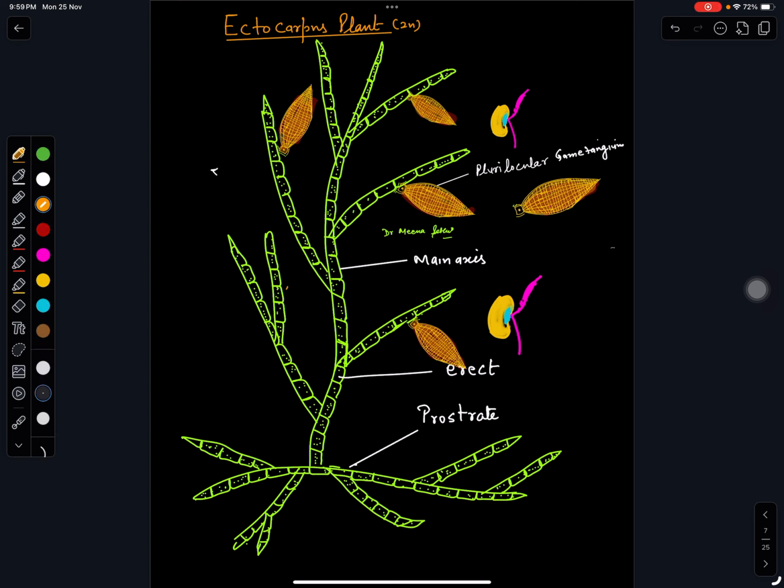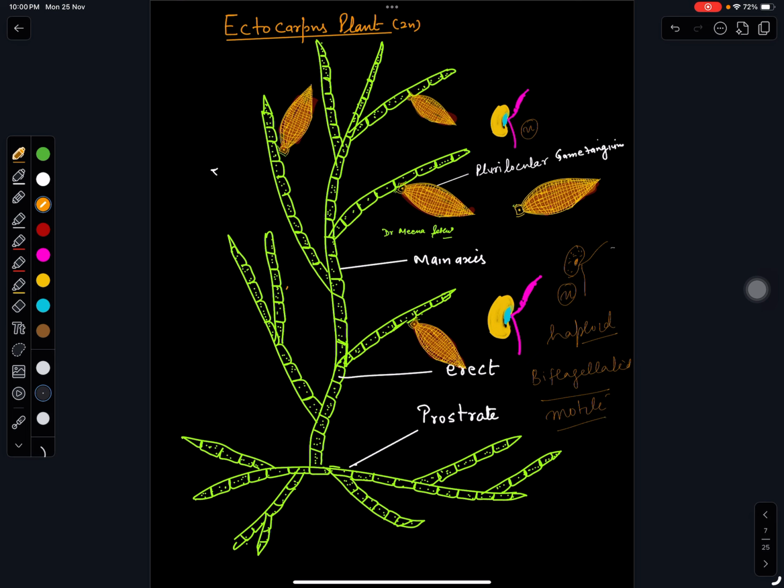This is the gamete, bearing two flagella, having a nucleus and cytoplasm, and it is haploid in genetic constitution. Because it has two flagella, it is called biflagellated, and because it can move from one position to another, it is motile in nature, right?